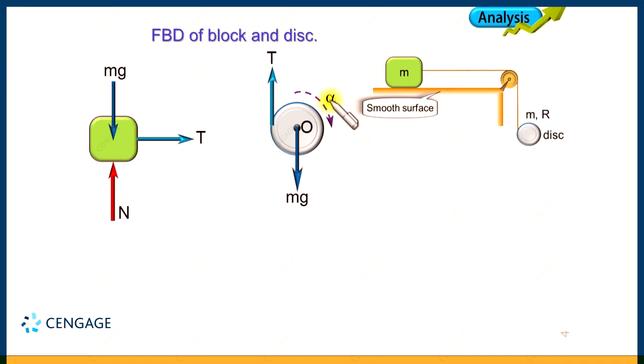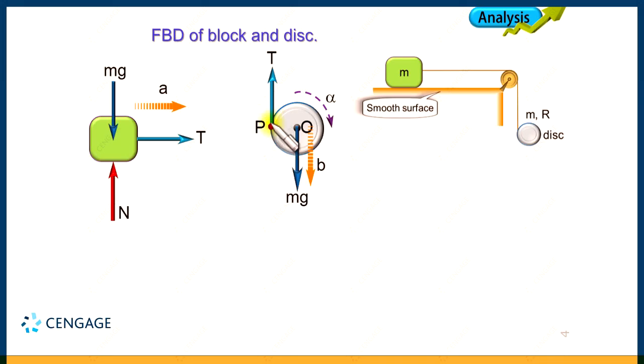Now we know the motion of the block is translational, so let us consider the acceleration of the block as a small a, and the acceleration of the center of the disc as small b. Now let us consider a point on the rim of the disc, let us say this point is P.